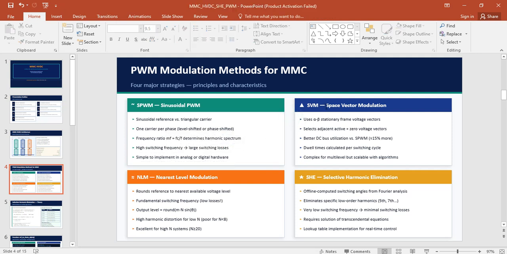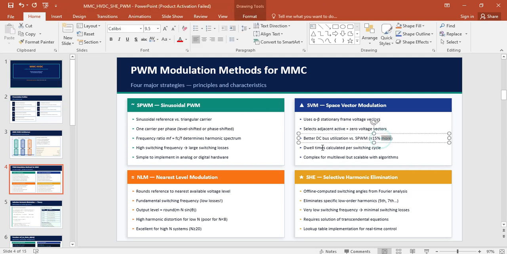Coming to the space vector PWM, it uses an alpha beta stationary frame reference and selects adjacent active plus zero voltage vectors, with better DC utilization compared to sinusoidal PWM, 15% more. That's the advantage. Dwell times are calculated per switching cycle, which is complex for multi-level but scalable with algorithms.